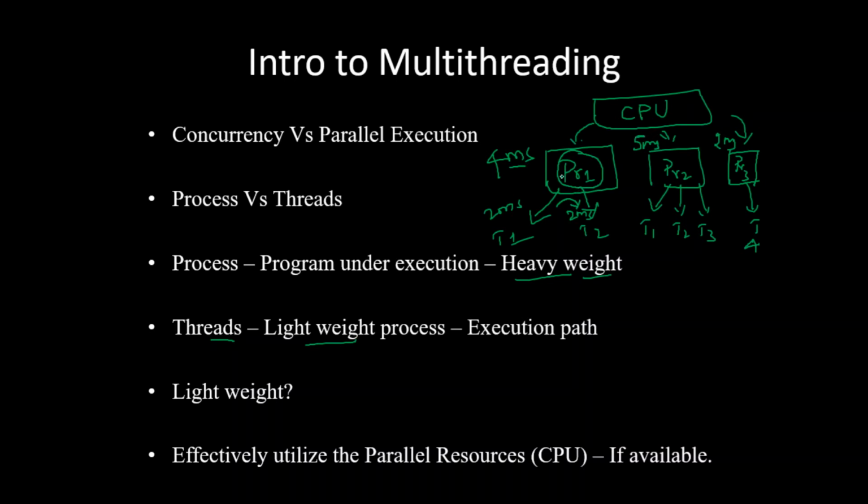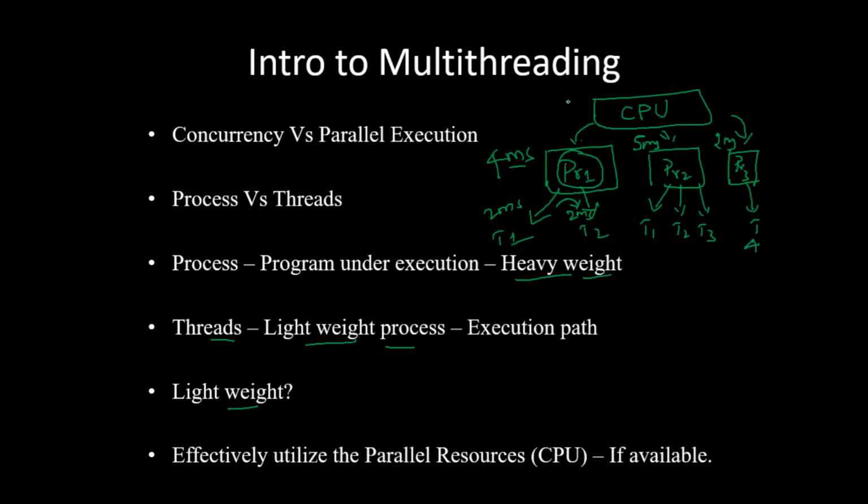Whatever the memory available for process 1, here itself this state information will be stored, and this context switching will be done by the process itself. So because of this reason, threads are called as lightweight process. Switching from one thread to another thread is an easier task than switching from one process to another process. Because of these reasons, threads are called as lightweight.